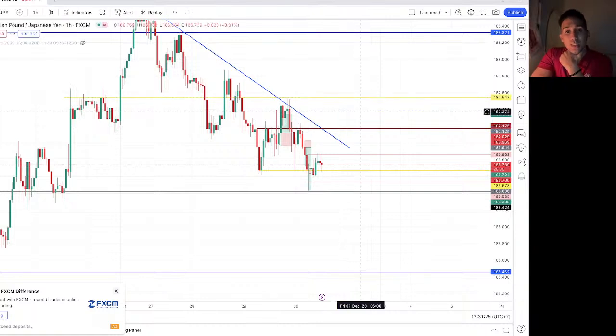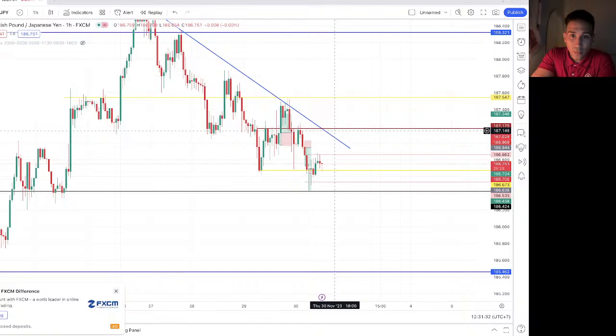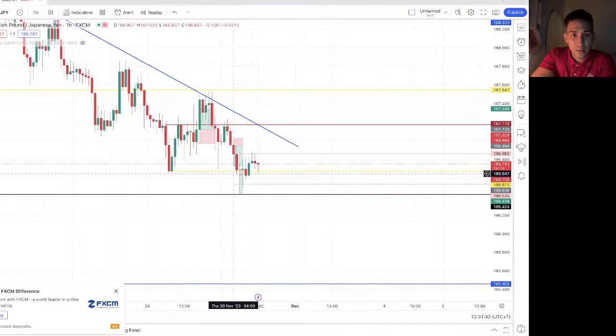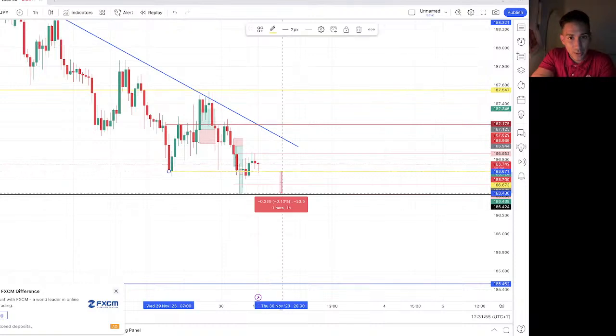But if we continue with our bias, which is going down, we have to wait for this candle to be broken, break the structure here, and then if we go into the downside to make a quick move of still 23 pips, that's more than enough.